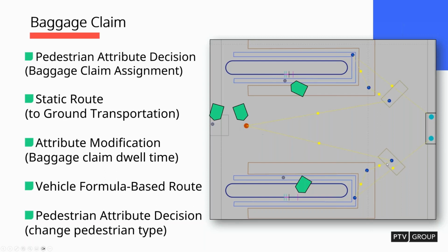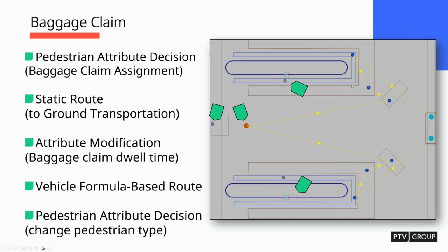Then we have a static route that is navigating them based on that baggage claim carousel assignment. And you can see that it has a few stops. So they walk out to baggage claim, and typically this is where the boards are gonna be, right? It's gonna say, okay, your flight goes to one or the other. And so they're gonna walk past the first couple of carousels and then go to these boards and then turn around.